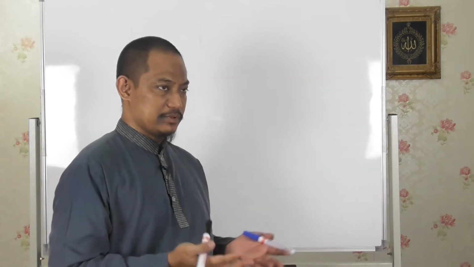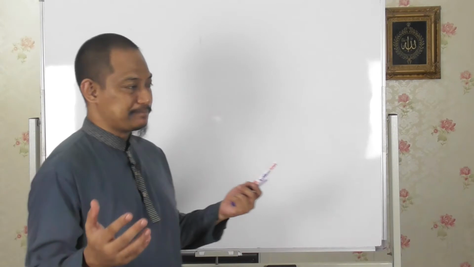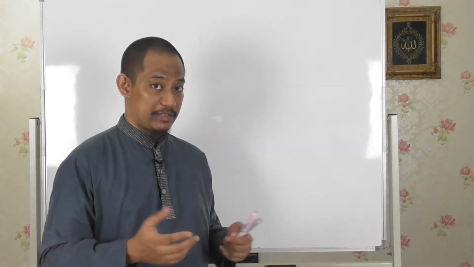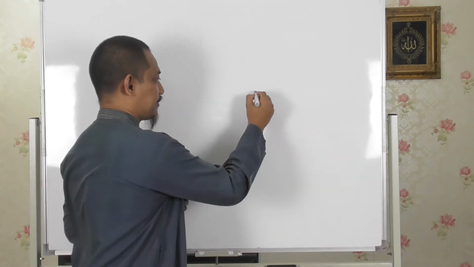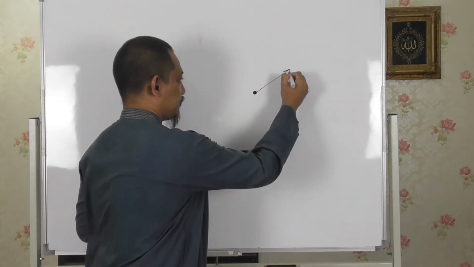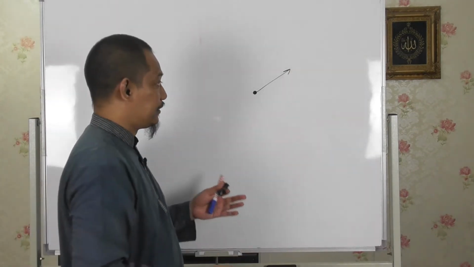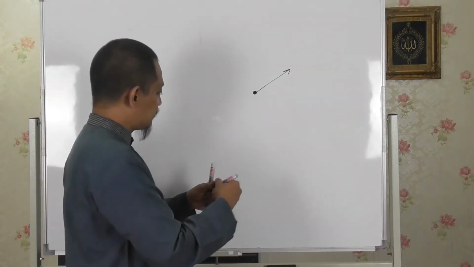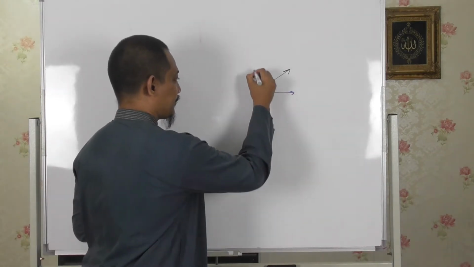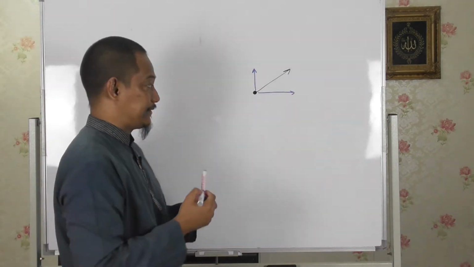Just an example, right? So if we have, in chapter 3, equilibrium of a particle. If we have a particle here, and a force in this direction, of course this force will have an x component as such and a y component as such in a 2D space, right?